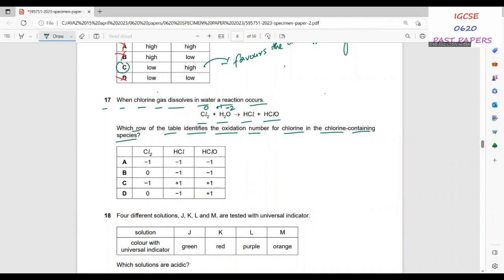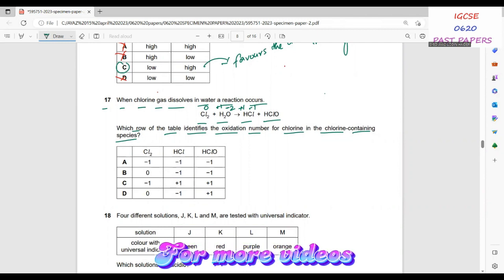On the product side, we have HCl. Again, hydrogen is attached to another non-metal, so it will carry +1 charge. Here, chlorine will carry -1 charge because there's no overall charge on this compound. So it must be carrying +1 and -1 charge. What about HClO? H is attached to a non-metal, so it will definitely carry +1 charge.